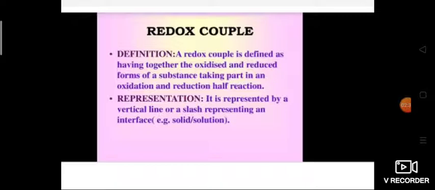So Zn2+ slash Zn and Cu2+ slash Cu, that only shows the redox couple. In both cases, the oxidized form is put before the reduced form.